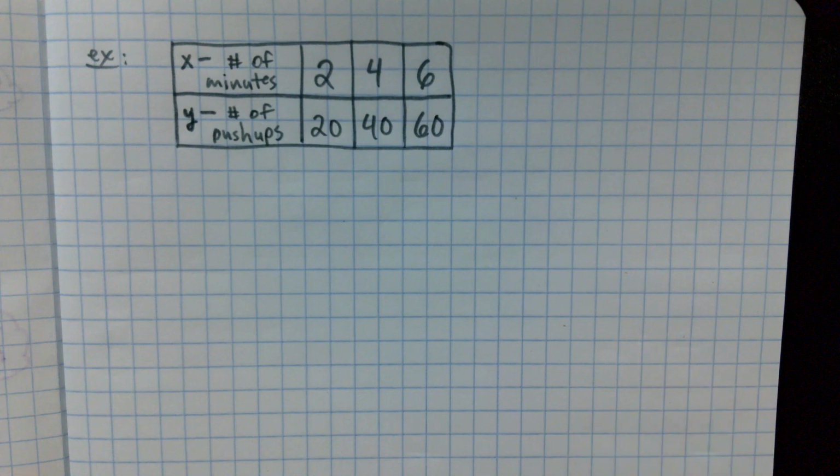This will be a great example for us. So on top we got X representing the number of minutes. On the bottom we've got Y representing the number of push-ups.